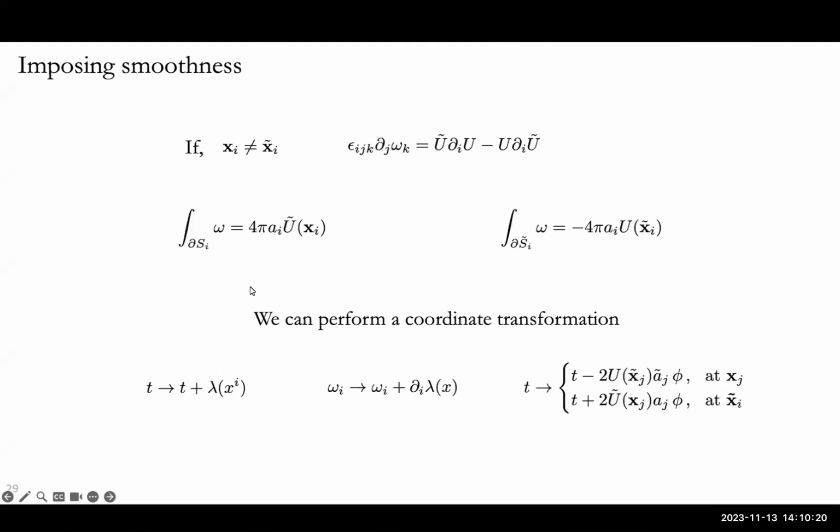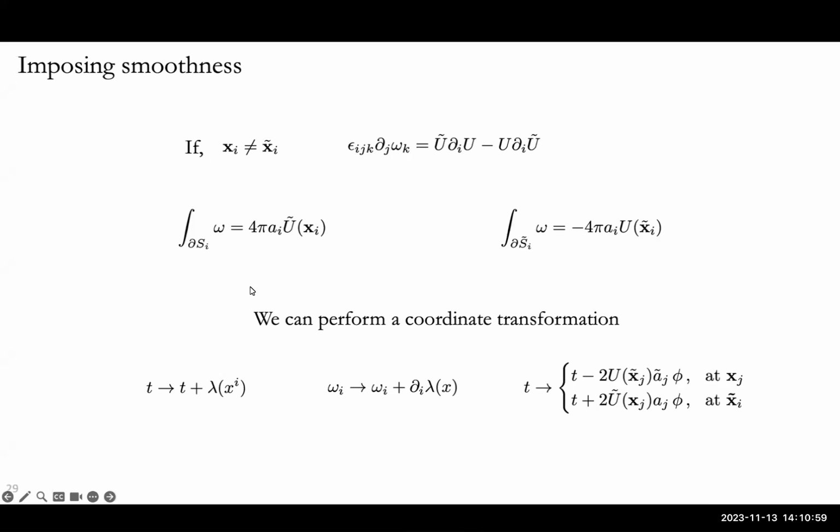So one can consider the following coordinate change, where time gets shifted by some function lambda of xi, under which omega transforms like a gauge field, and to eliminate these values for the integral of omega at these 2 points, one can choose this specific reparametrization of time that depends on the angle phi. That's the angle that goes around the axis that connects the north and south pole.